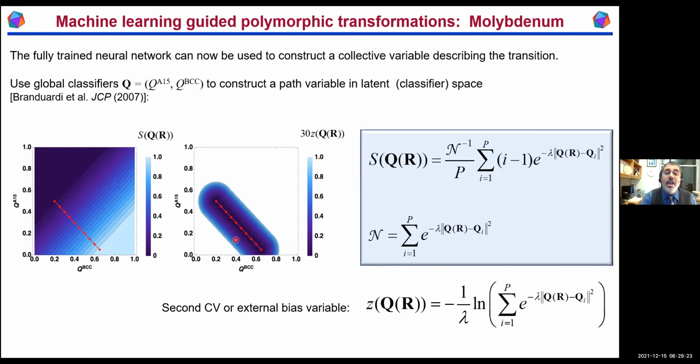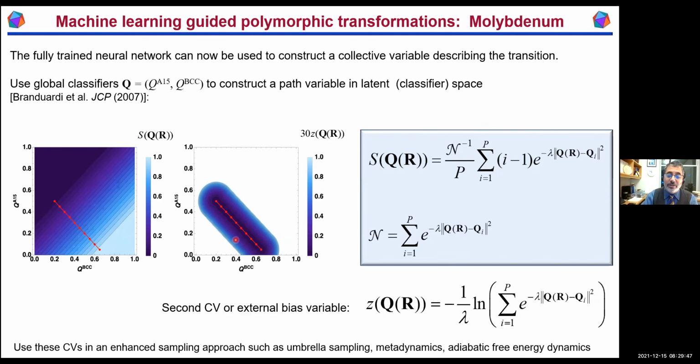The reason for working in the classifier space here is that I don't want to bias my path by putting in my concept of what I think the configurations should look like as I go from one phase to the other. I want the machine learning to tell me that. I'm just going to give it environments, and it's going to tell me what it thinks those environments should be classified as.